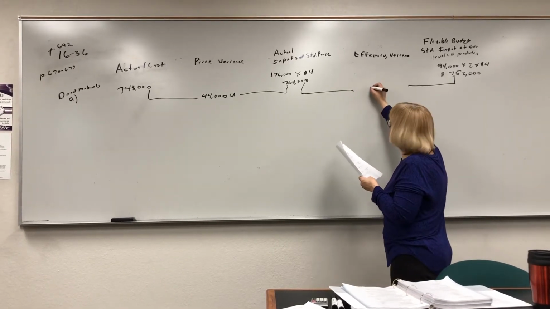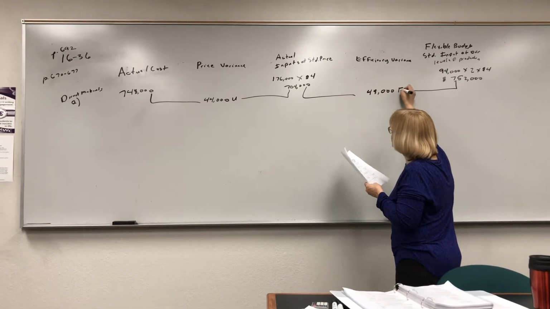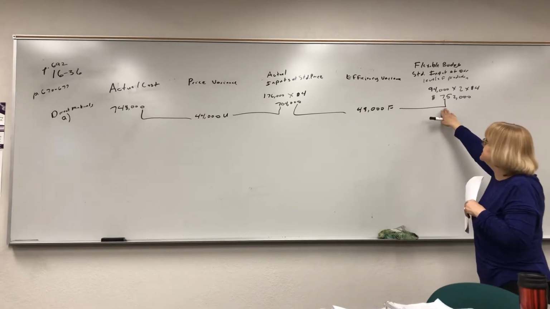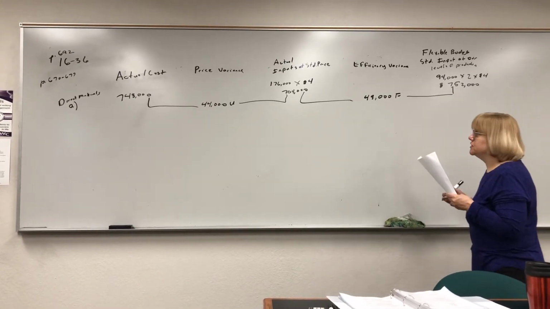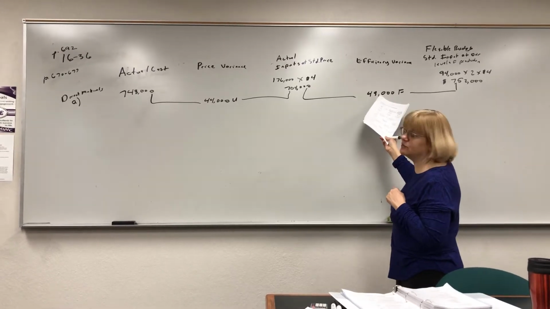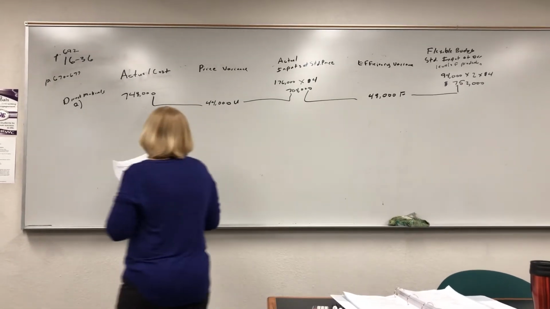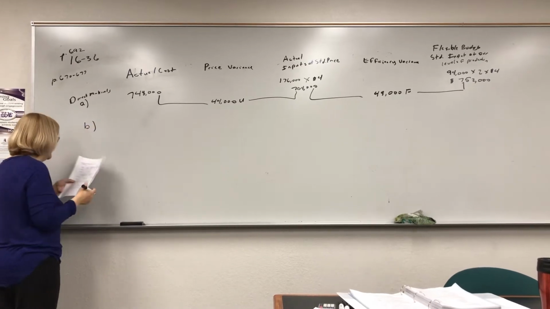If you do it that way, you end up with a negative, but this is actually a favorable variance because this one was less. Our actual inputs at the standard price were actually less than our flexible budget. So when we have a favorable variance, it means we used less than we had anticipated, than our standard, but here we paid a higher price than we anticipated, so we had an unfavorable price variance.